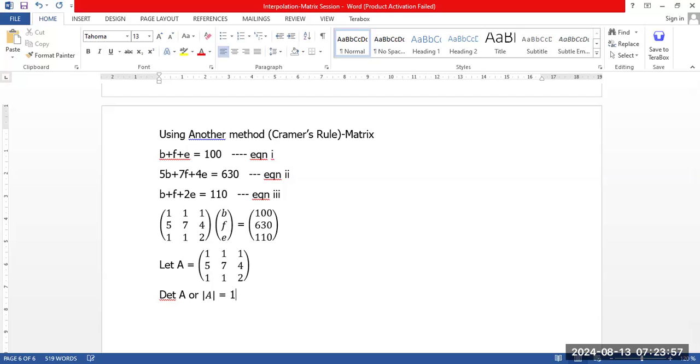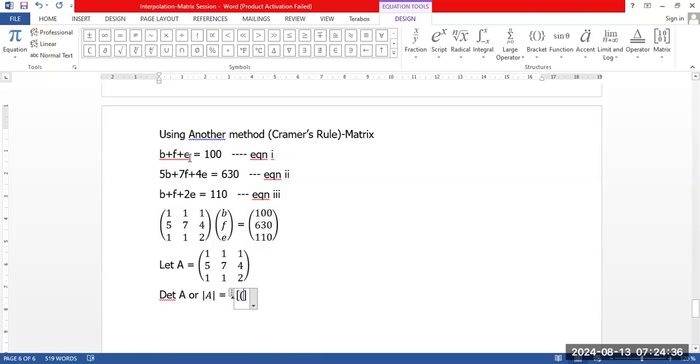Then hide this row and hide the column where this one is. You'll be left with 7, 1 and 2, 4.